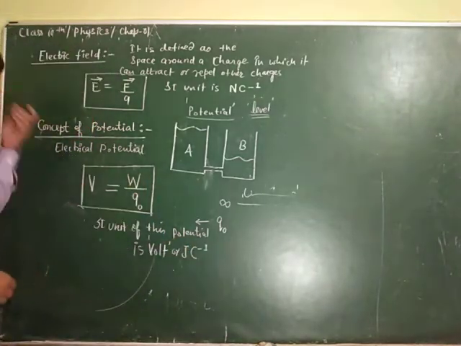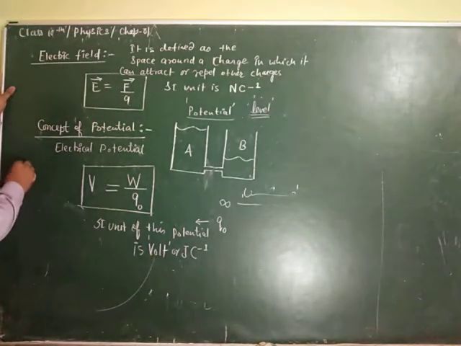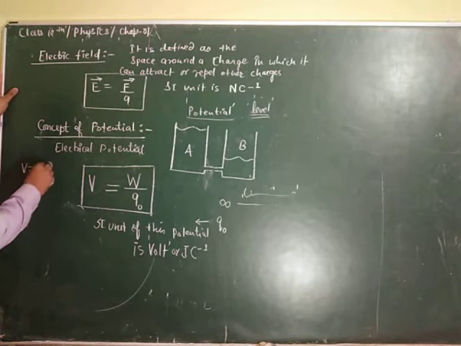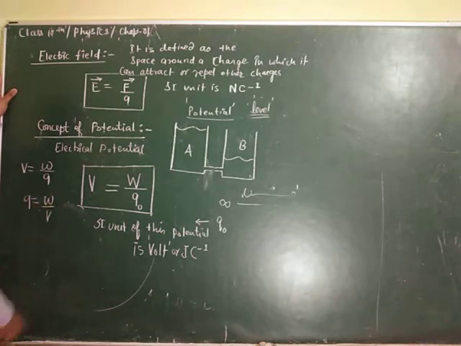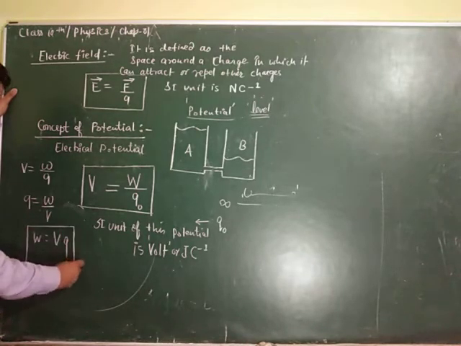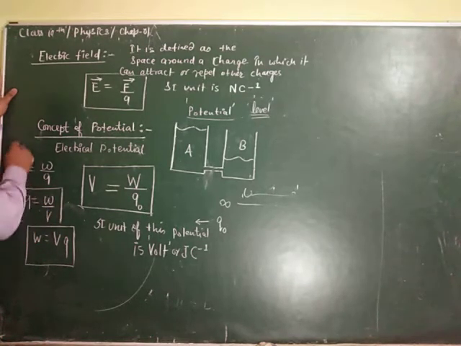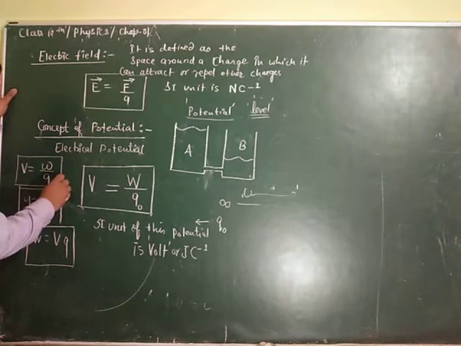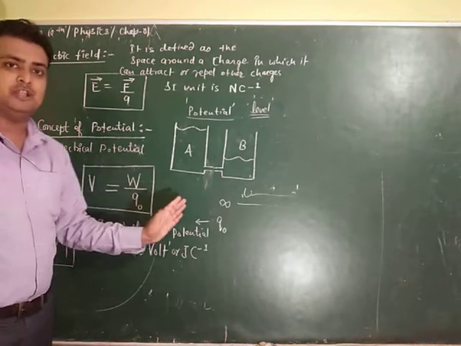So from here there will be many working formulas: V is equal to W by Q, or Q is equal to W by V, or W is equal to VQ. I will send you some numericals to solve based on these formulas. So this is how we have studied the concept of potential.